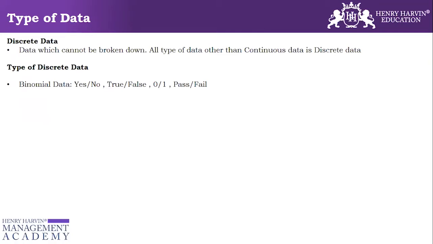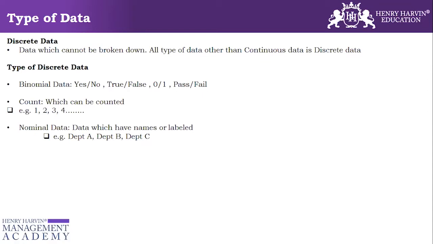The first is binomial data, which is yes, no, pass, fail, true, false, 0, 1, which has two components, either yes or no. This is also discrete data because it can't be broken down. The second type is count, like the number of people who appeared for the exam, cleared the exam, attempted the exam, passed, or failed. This is also discrete data which cannot be broken down.